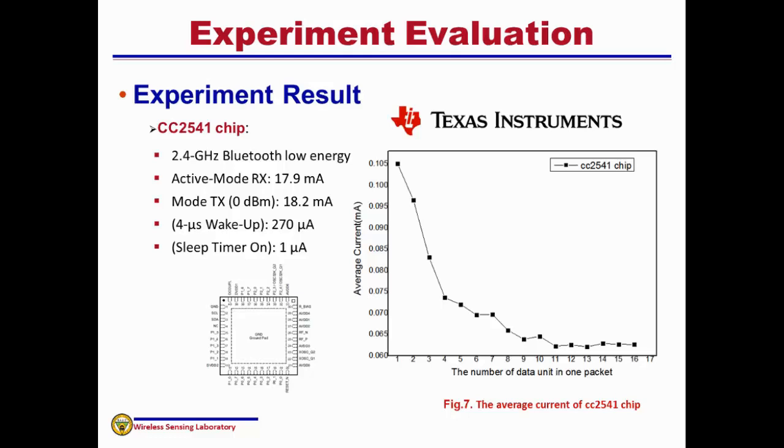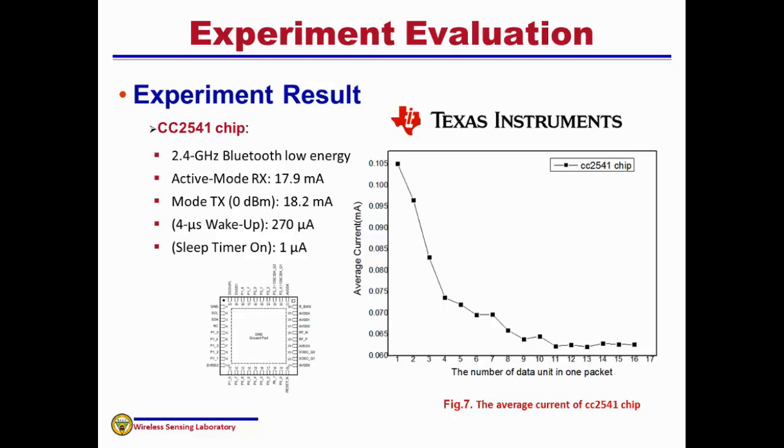We increase the number, and this is the experiment result of the TI chip, and we can see that for the current from 1 to 10, it decreased about 40 percent, and after that the energy consumption is very stable.